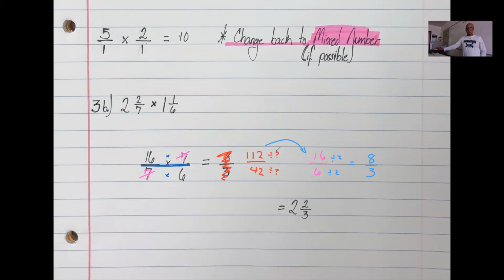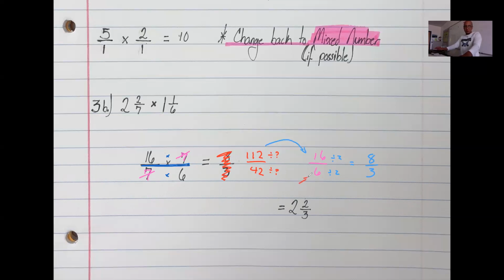In fact, 112 divided by 7 will give you 16. 42 divided by 7 gives you 6. And then I was able to finish. What I'm trying to tell you is that whenever you cross out common factors, if you leave factors that are still common, because 6 and 16 do have a common factor I can cross out, it doesn't matter.